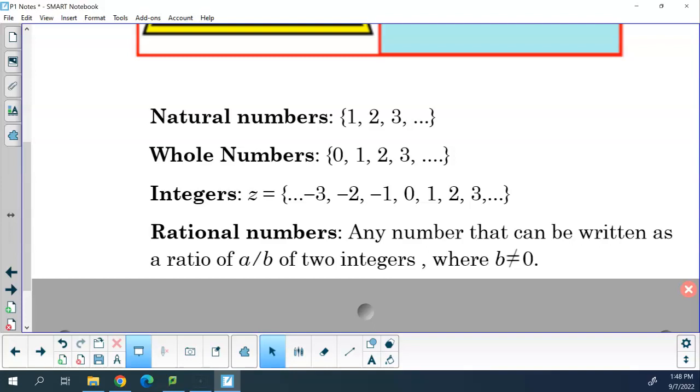So it says to be written as a ratio of a over b. What does that mean? Any number that can be written as a fraction.